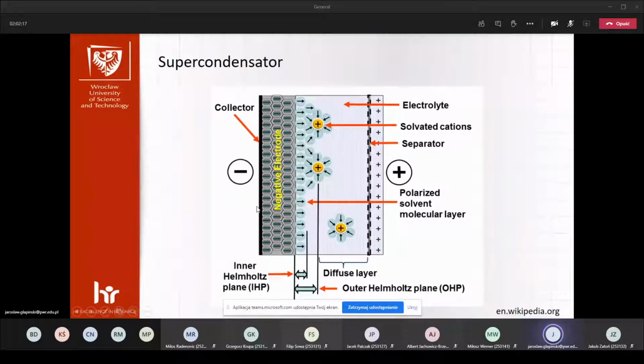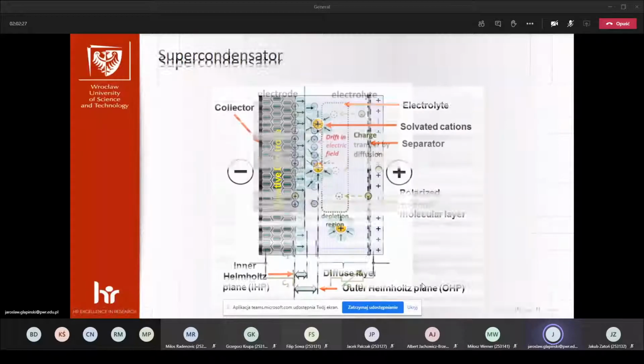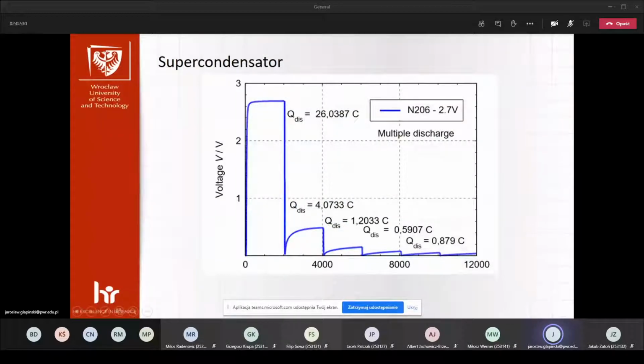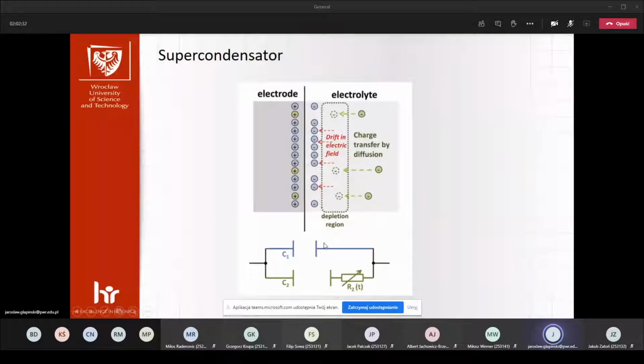We've got a typical capacitor, two layers separated and electrolyte between the layers.